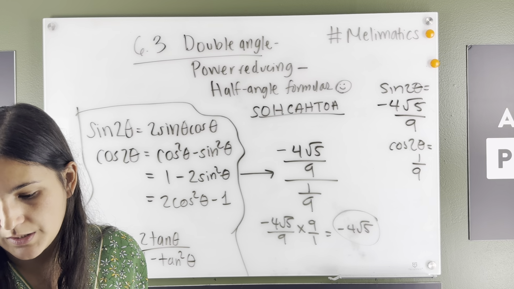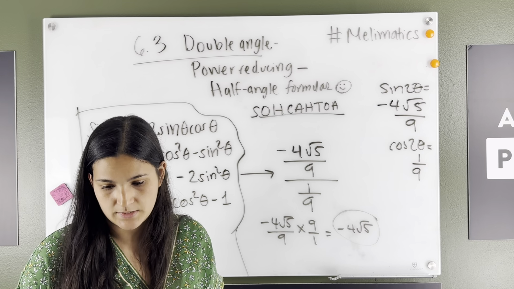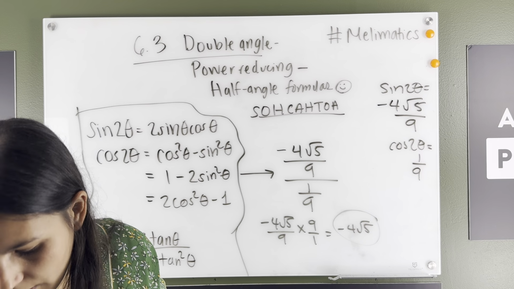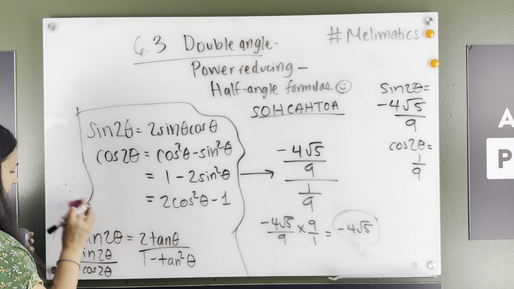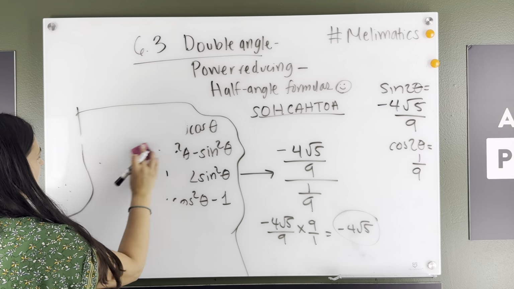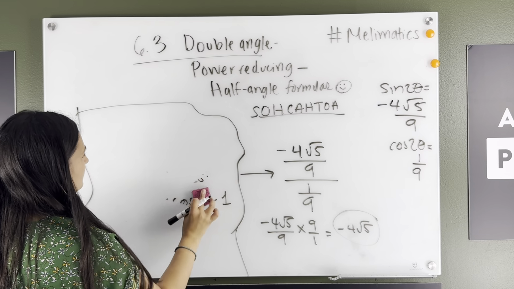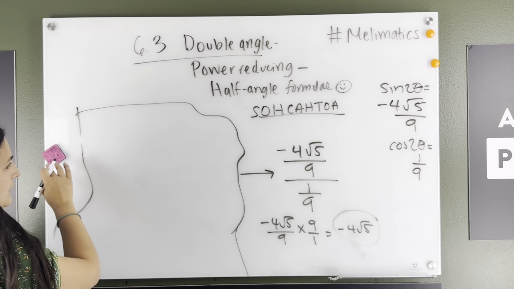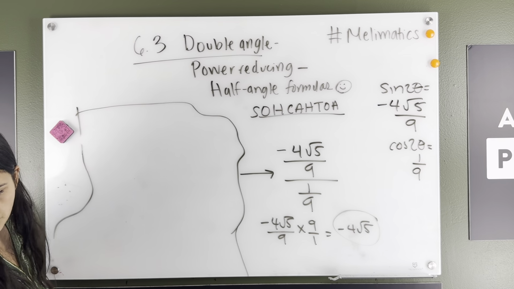Example number 2 is another identity problem, which I will do in class as well. Okay. Now we need to use the power reducing formulas. Okay, so those are different formulas. I'm going to try to not take the whole board for them.